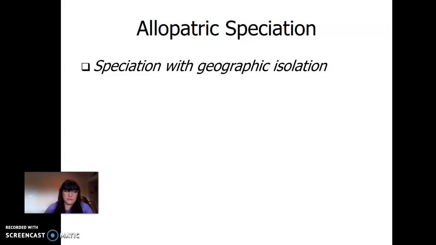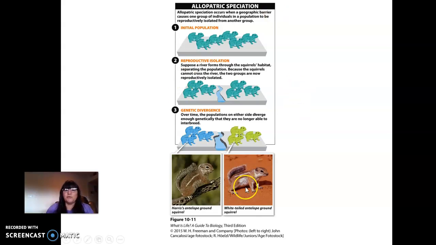So allopatric speciation is speciation with geographic isolation, okay? This is a beautiful picture, right? Figure 10.11. Imagine the initial population, and if you look, they're all blue. Then something happens over time, right? For example, a river, think of the Colorado River with the Grand Canyon. Something happens that isolates the population.